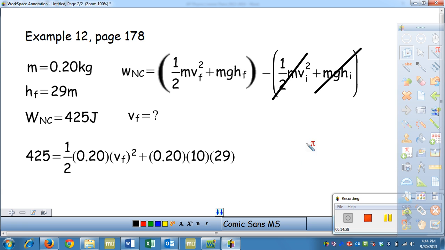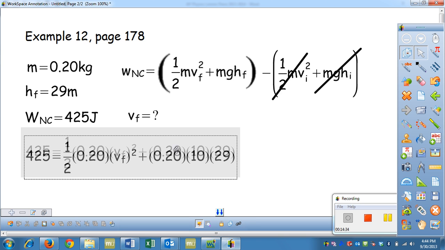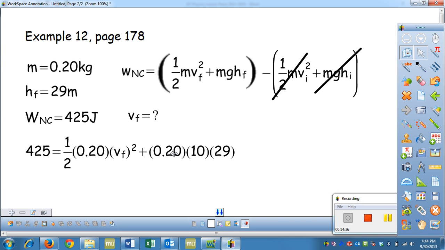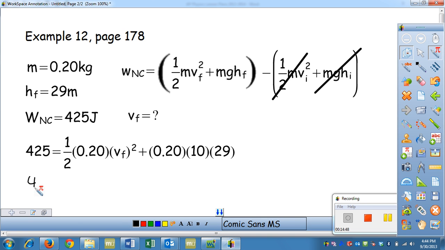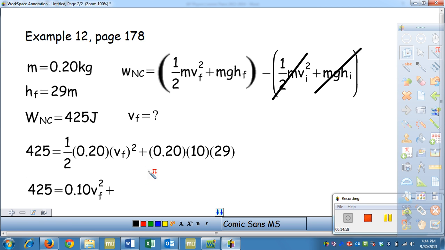Let me just do some stuff on my calculator here. 425 is going to be 0.10 V final squared plus, now this piece, 0.2 times 10 times 29. That's 58.